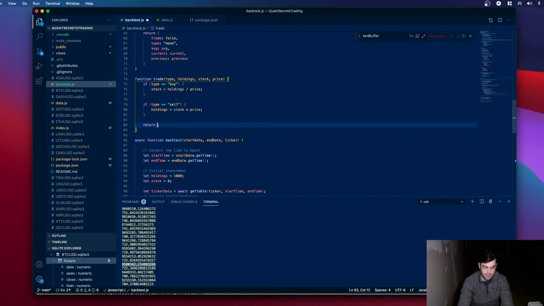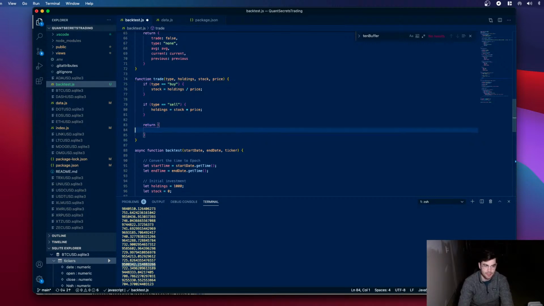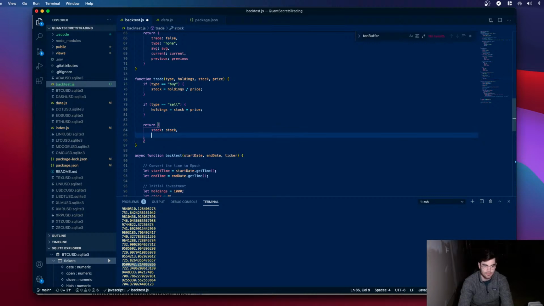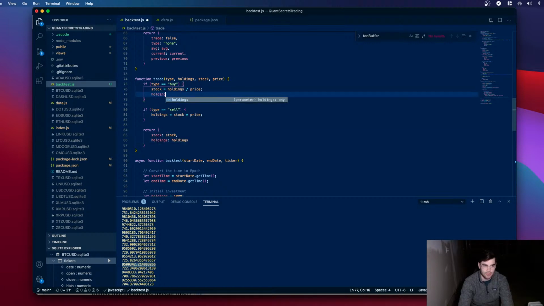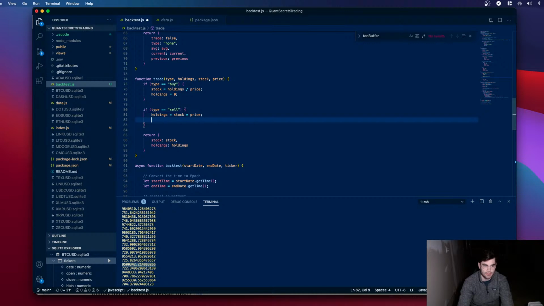I guess I'll just return an object, it doesn't really matter. Stock, holdings, and actually this one, holdings will equal 0, and stock equals 0.